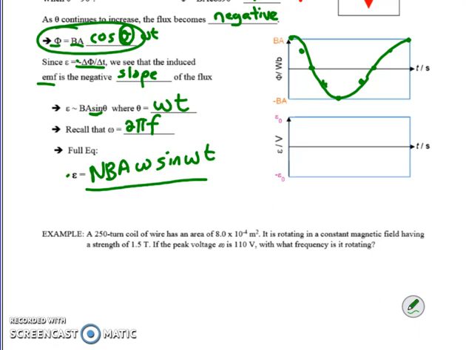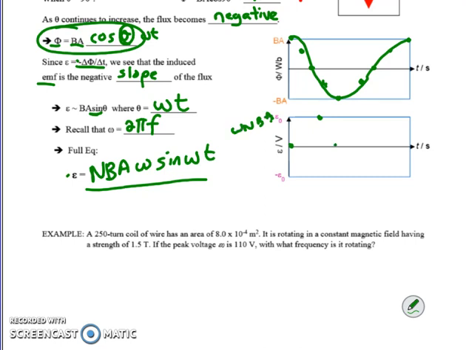So if I want to plot that over here, at time 0 the sine of 0 is 0, so we're going to have no EMF. When we have a maximum flux, we have no EMF because there is no change going on at that instant. Then we reach a maximum, and that maximum, epsilon naught, is equal to nothing more than NBA times omega.